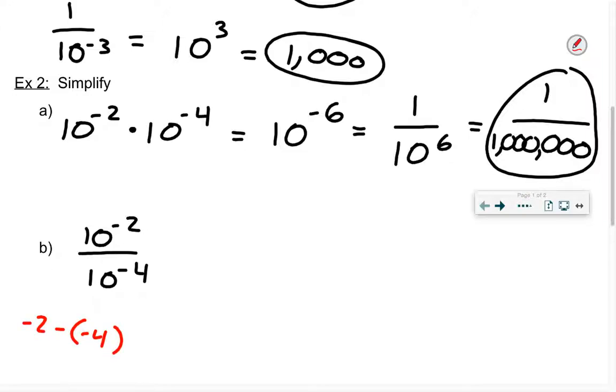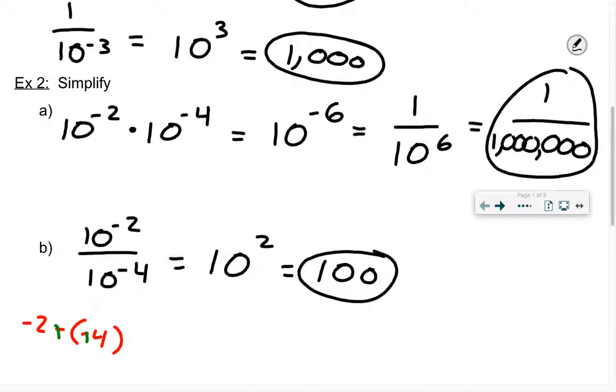Do I like the subtraction sign? Nope. So we change it to addition. And change that negative 4 to a positive 4. So now I'm looking at negative 2 plus 4. Yes. And once again, I can do 10 to the second, knowing that that's 100. Very good.